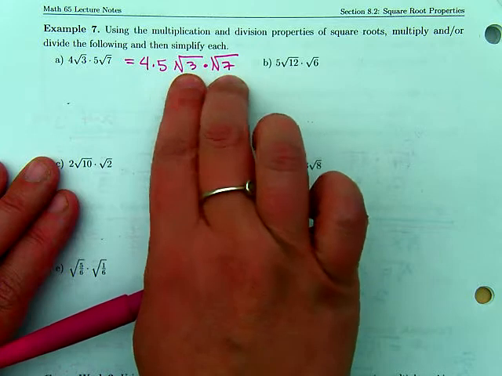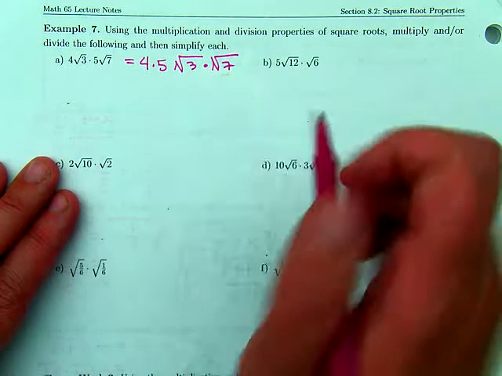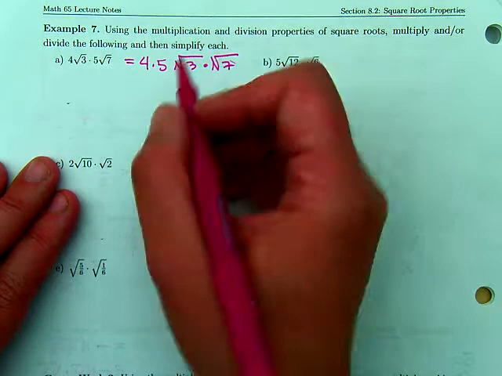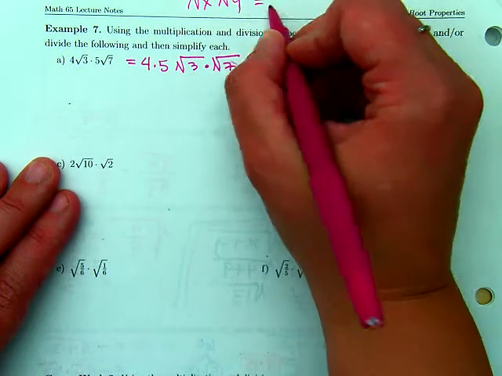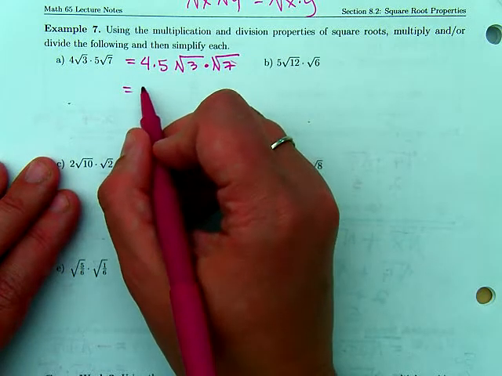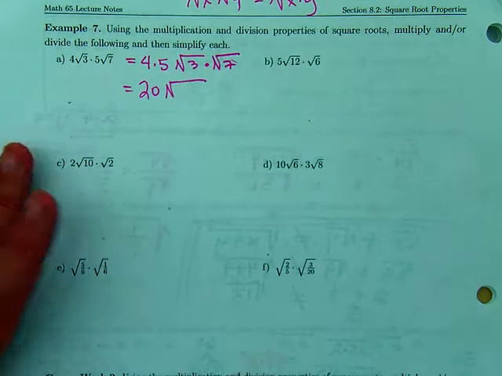These numbers are not 3 and 7, right? They're much smaller than that. So we can multiply them under the same radical. That's that property that we saw before: x times the square root of y equals the square root of x times y. So here we have 5 times 4 is 20. What's the square root of 3 times the square root of 7?